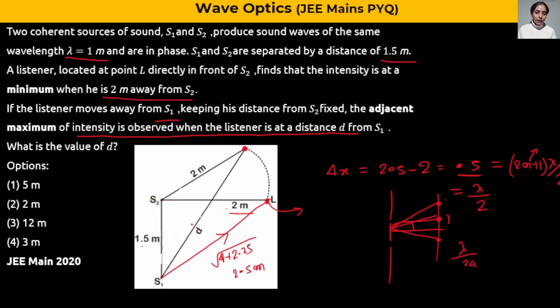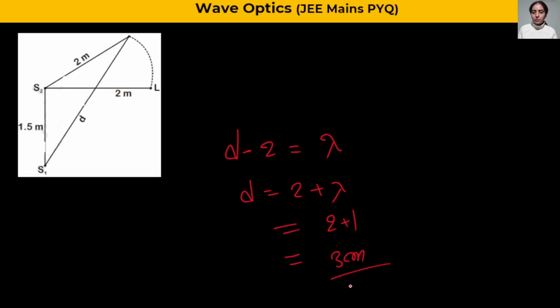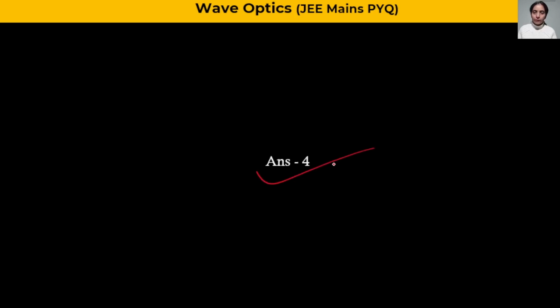So d minus 2, this is your d and this is 2. So d minus 2 should be equal to how much? Lambda. So d should be 2 plus lambda. So this is 2 plus 1, that is your 3 meter. So d should be 3 meter, right? The correct option should be the fourth one. Let us check. Yeah, it is the fourth one.